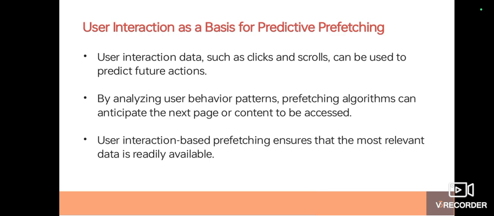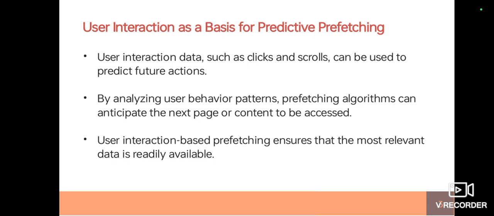Let's see the next slide, that is user interaction as a basis for predictive prefetching. User interaction data such as clicks and scrolls can be used to predict future actions. By analyzing user behavior patterns, prefetching algorithms can anticipate the next page or content to be accessed. So by using some algorithms, we can prefetch the next thing.